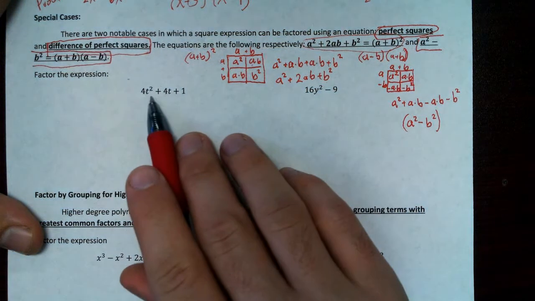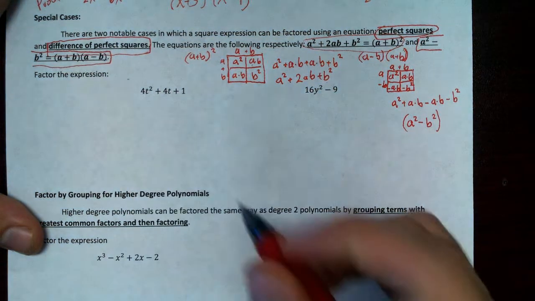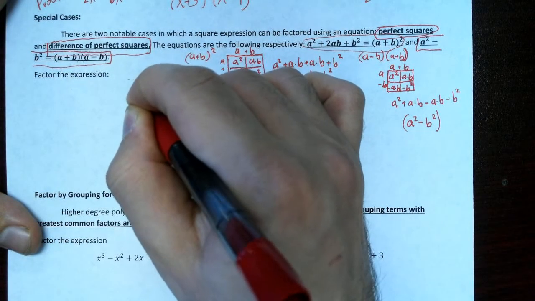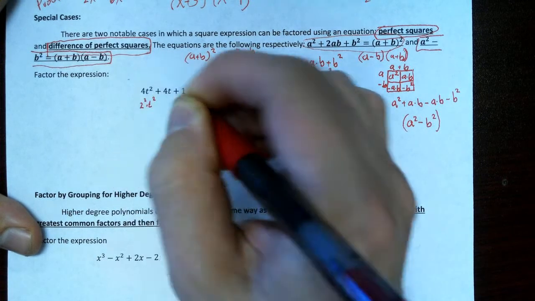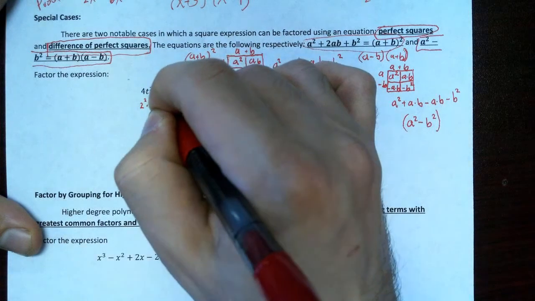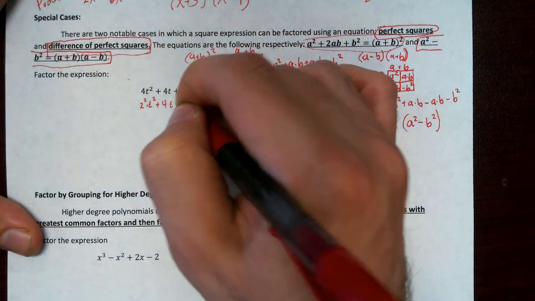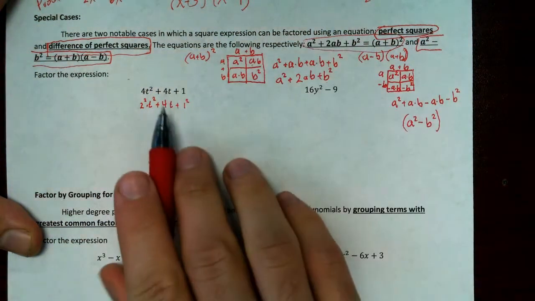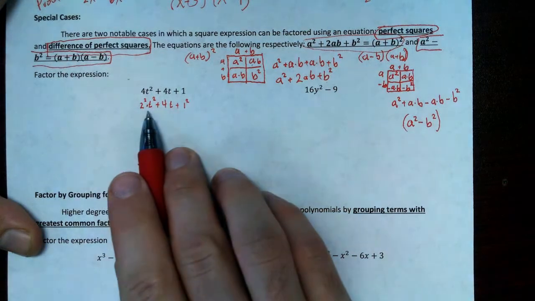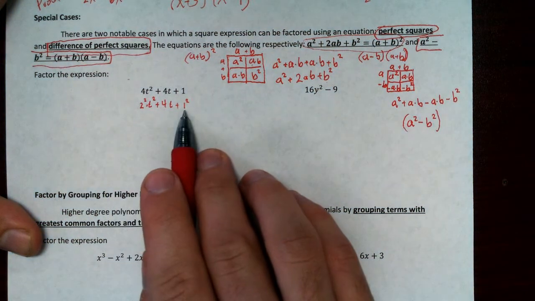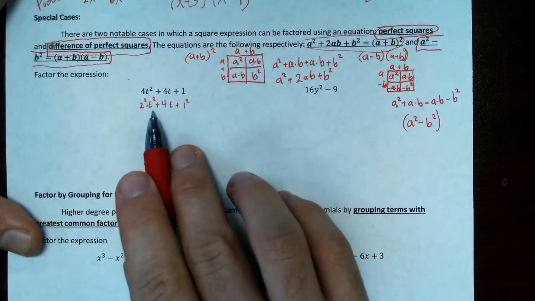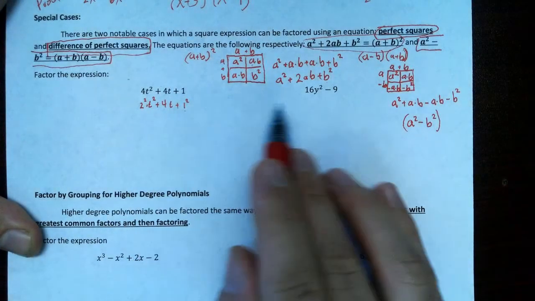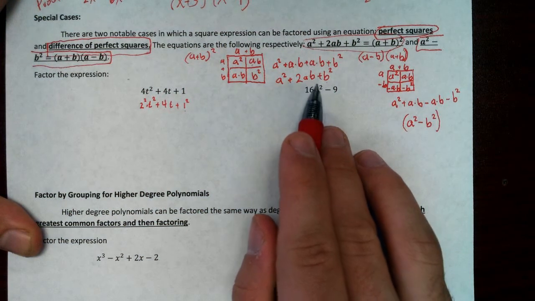Meaning, whatever the base of this is, we could think of this as 2 squared times t squared plus 4t plus 1 squared. So is this 2 times t times 1, doubled? Is this 2t times 1 doubled, 2 times ab?